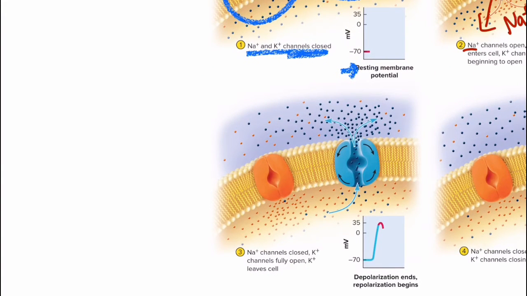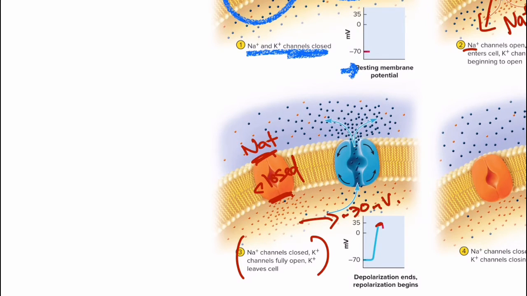The next thing that happens is after we've fully opened up and filled the cell with as much sodium as it takes to get to about 30 to 35 millivolts, we start shutting it down. These sodium channels are closed.